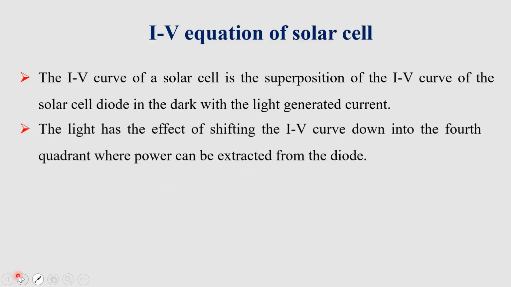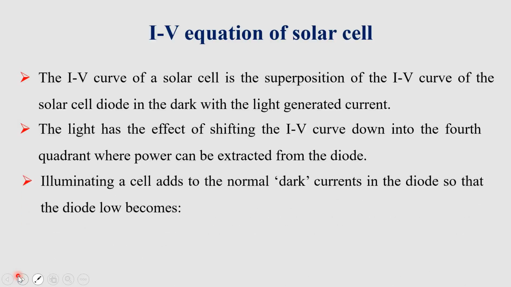The light has the effect of shifting the IV curve, meaning current and voltage curves, down into the fourth quadrant where power can be extracted from the diode.